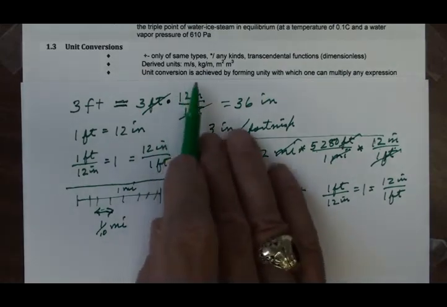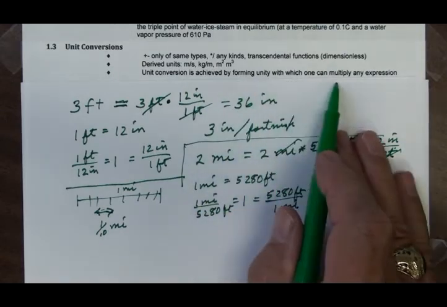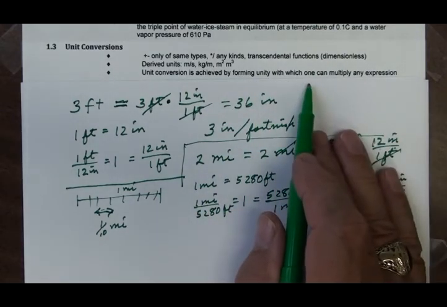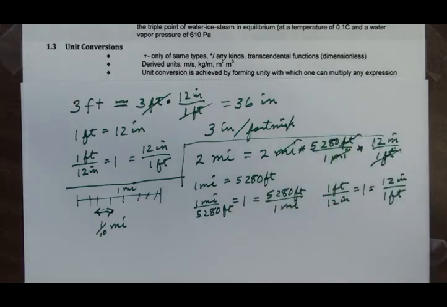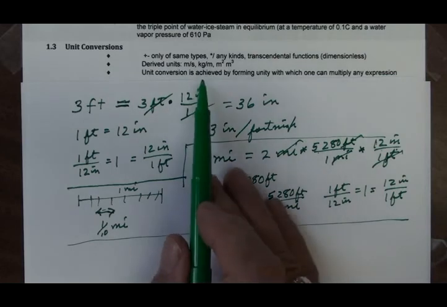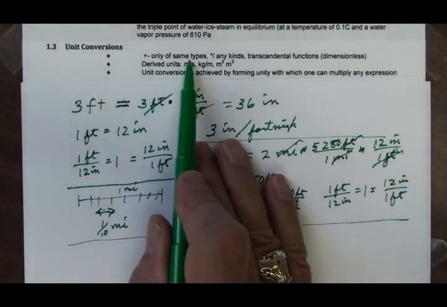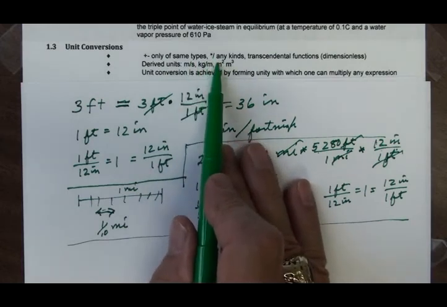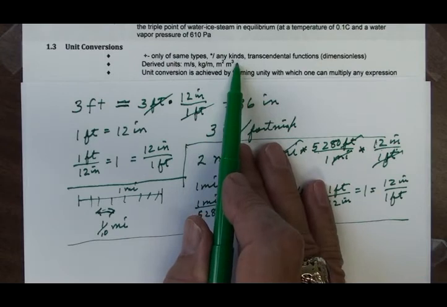So remember now that our unit conversion is always formed by forming a unity, and then we can multiply that unity by any expression. And we multiply it in such a way that we get a cancellation, as I have described here. Now, I want to point out that in working with units, you can only add units of the same type. You can multiply and divide units of any kind, but you don't really want to mix them up too much.